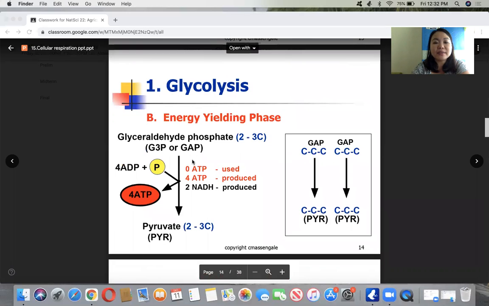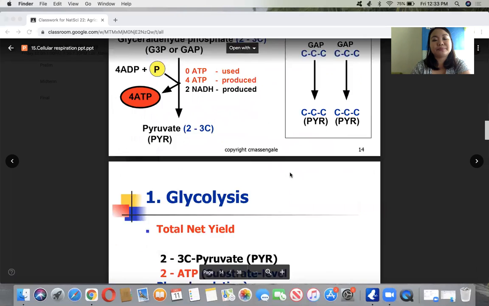Under glycolysis again is the energy yielding phase wherein the G3P is converted to pyruvate, a 3 carbon product, with the yield of 4 ATP and 2 NADH.